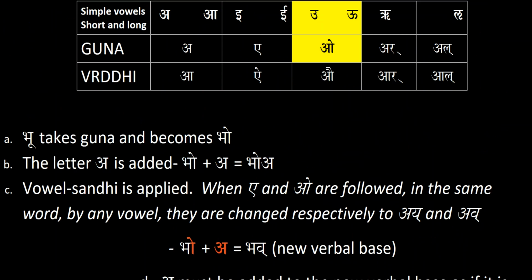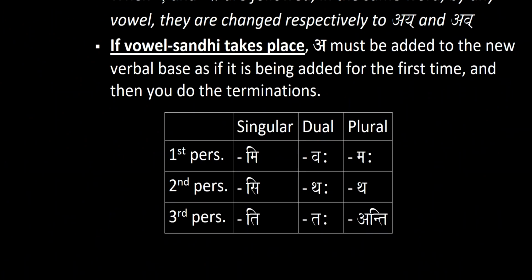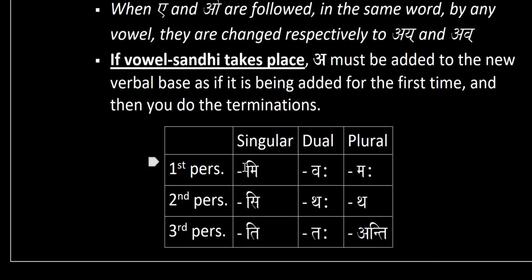Let's take a look at what we can conjugate. So remember these termination endings. We have mi, vaha, maha; si, thaha, tha; ti, taha, and anti. Okay?